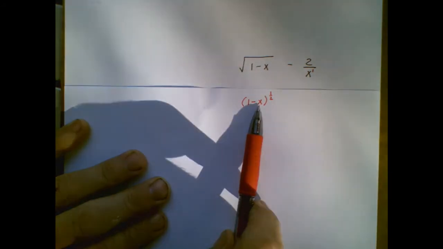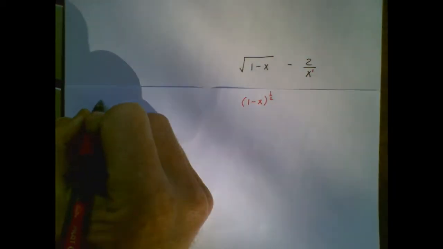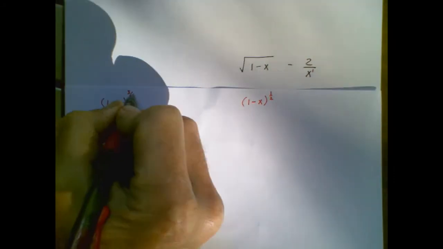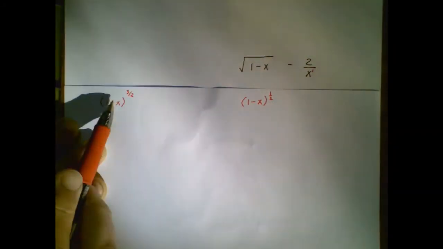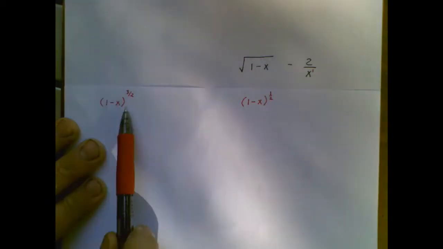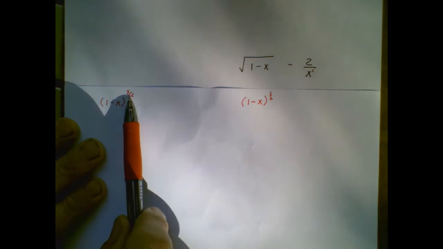What I would start with, and I'm not saying I'm going to be right, so I'm going to do it over here, and we'll see if I'm right. I need a 1 minus x, and I need it to be to the 3/2 power, because when I take this derivative, the exponent has to lower by 1 unit. Well, right away I can tell if I took this derivative, I would get a 3/2 times 1 minus x to the 1/2 power.